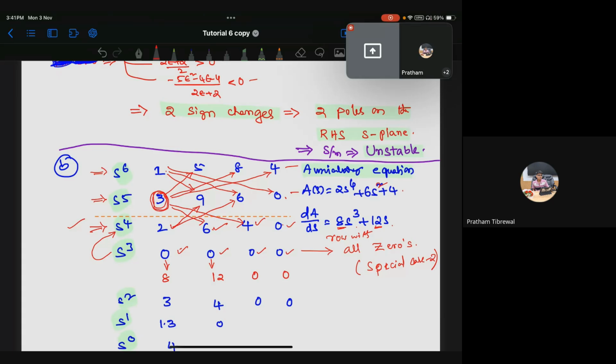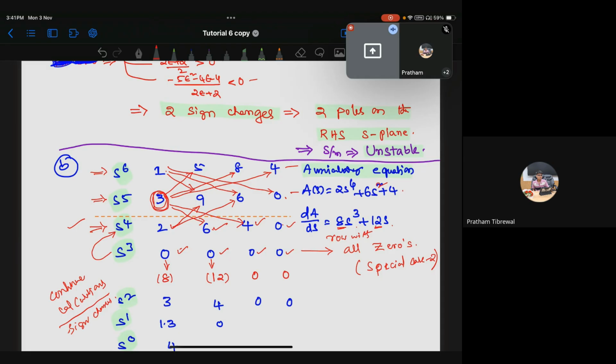Then continue the calculations with these new numbers. Then check for the sign changes. You will see no sign changes.